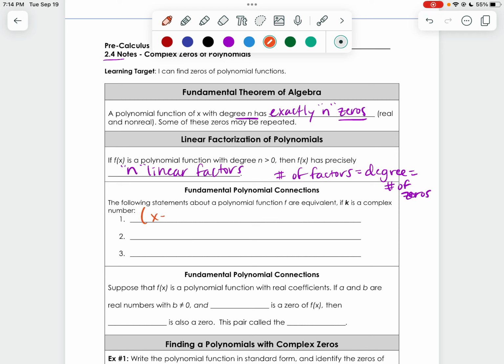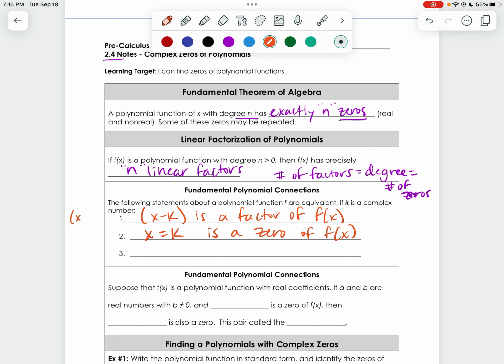If x minus k is a factor of f of x, where k is just a number, like x minus 2 or whatever, then x equals k is a zero of the function. The factor and the zero are opposites of each other.